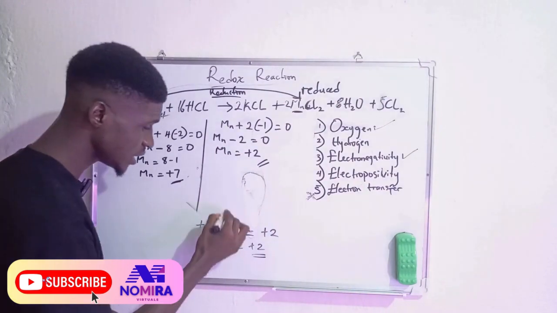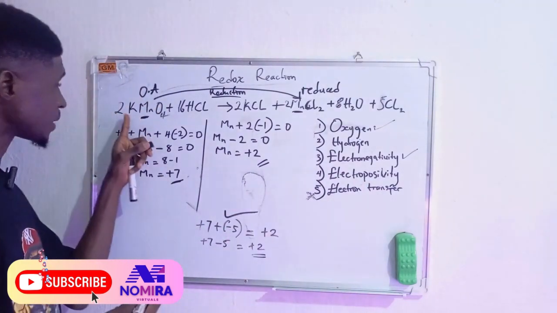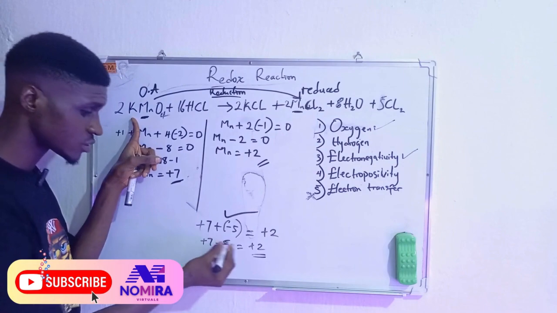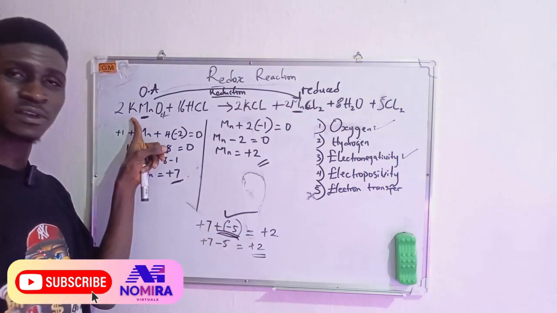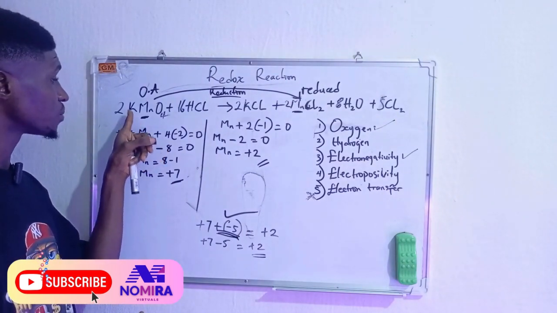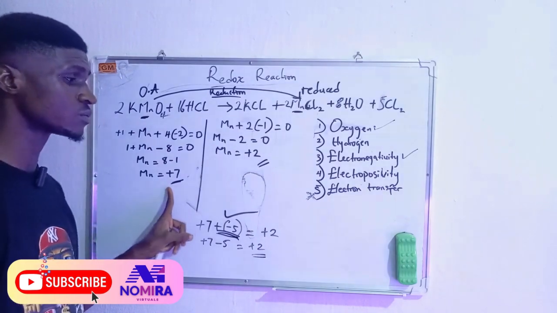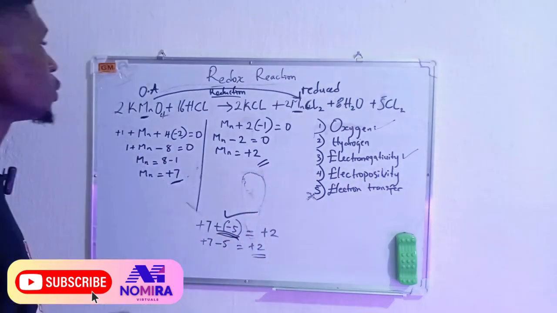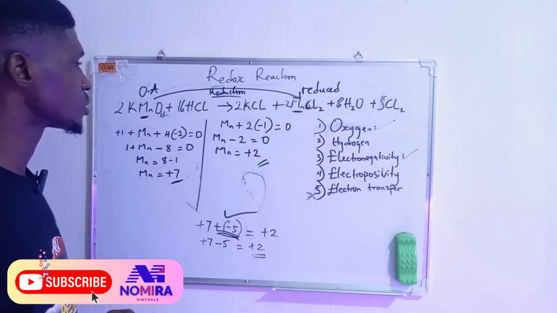What we explained here will tell you that this particular substance accepted electrons. How many electrons did it accept? 5 electrons. So manganese will change from +7 to +2. So we have solved the case for reduction.